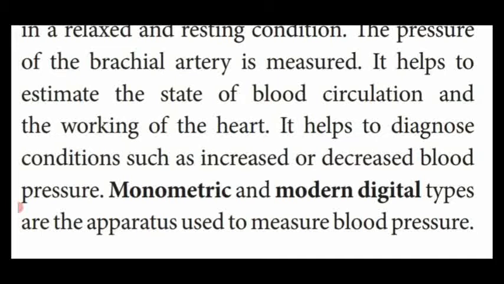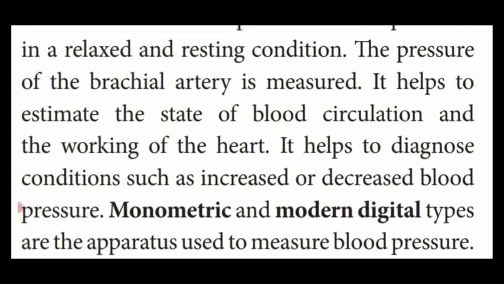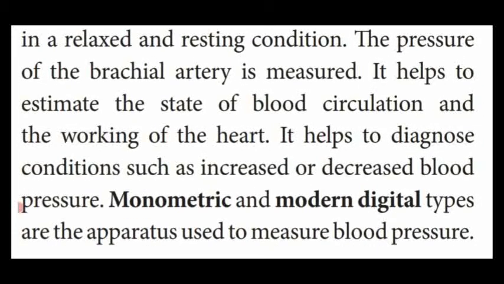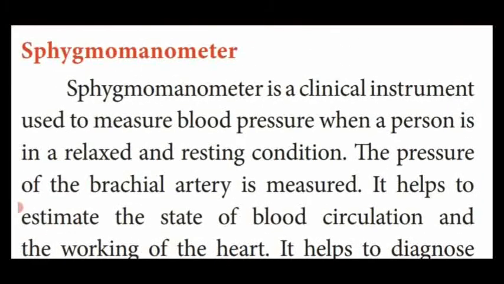The sphygmomanometer is the instrument used to diagnose the blood pressure level, whether increased or decreased. Some manometric and modern digital types of sphygmomanometer are also used to measure blood pressure. The diagram is also given in your book. So this is the other instrument used to diagnose the blood pressure level, known as the sphygmomanometer.